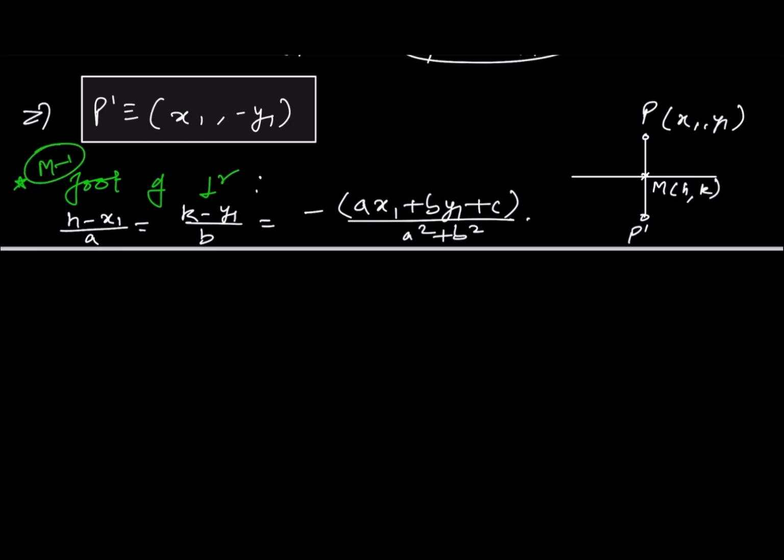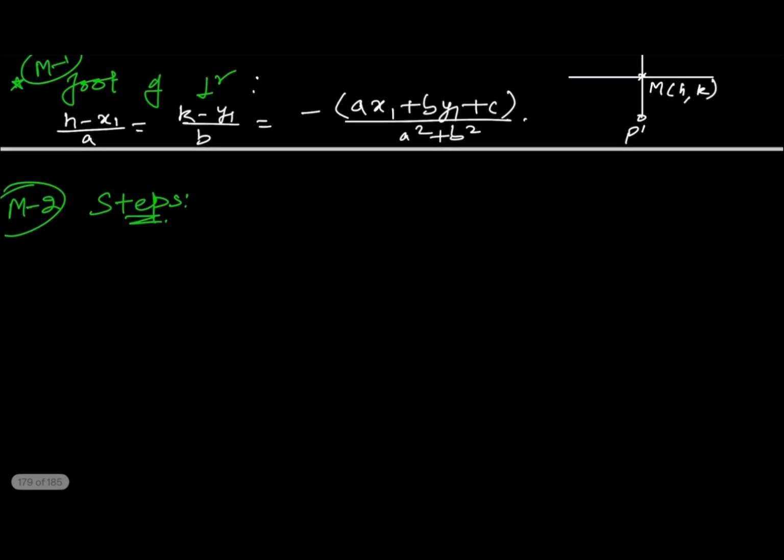There is another way to find out foot of perpendicular. Say this is method 2, and method 2 has some steps.